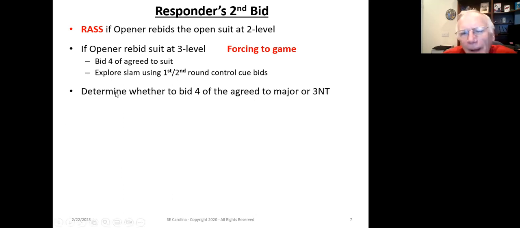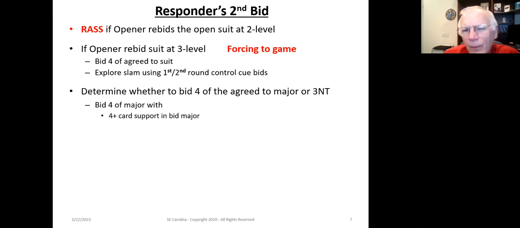Okay, now the primary challenge for the responder is to determine whether to bid 4 of the agreed major or 3 no trump. If the responder has 4 of the bid major, that says they've got at least 9 cards in the trump suit, so they're just going to go ahead and bid game.